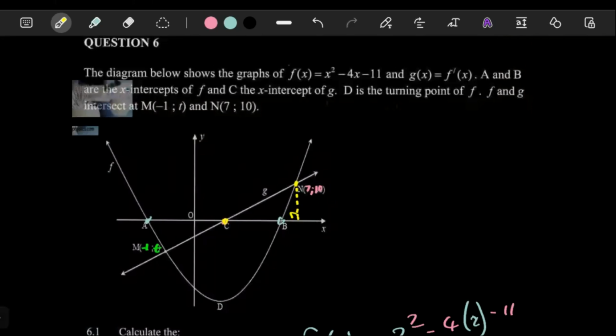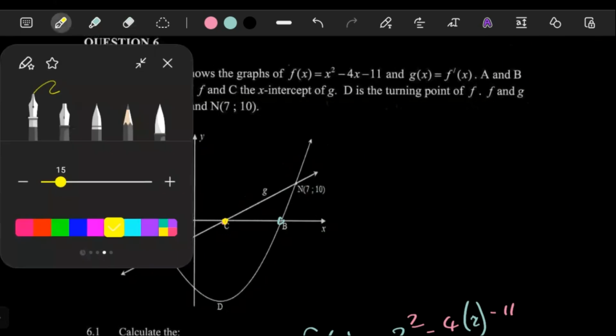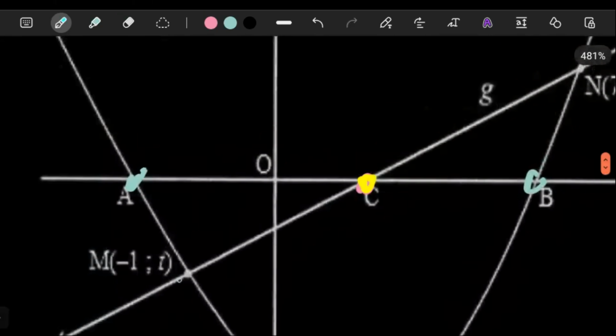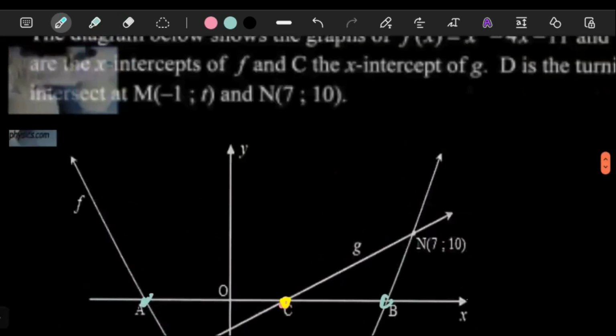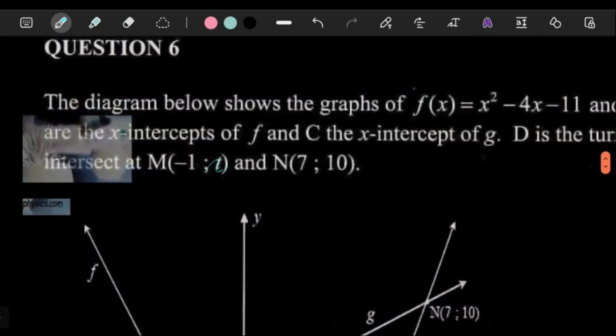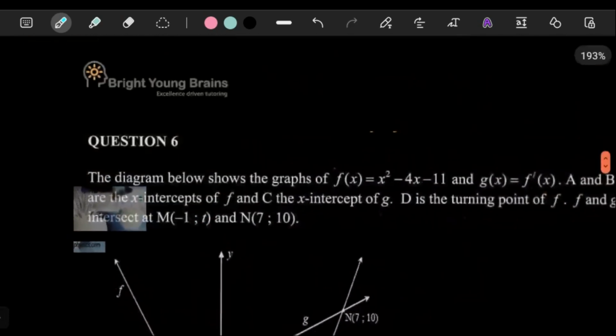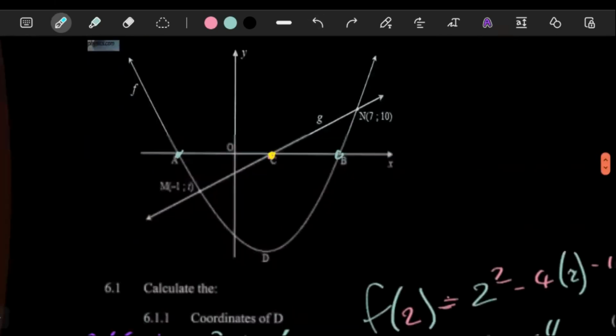But I actually don't think I should make this complicated, because these two graphs intersect at N and at M. So to get the distance of CN, it looks like we can get T first. Is this a T? It's a T. We can get T because we have the equation of the parabola anyway.